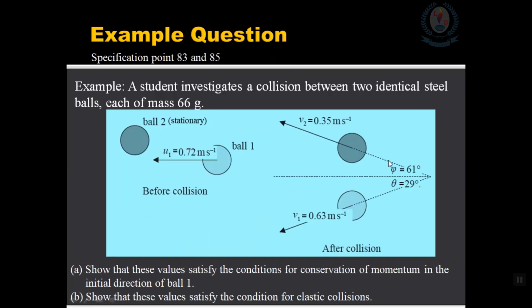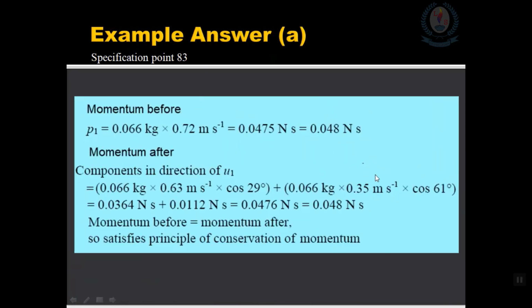You see that I have resolved towards 29, that's why I said cos 29. This one 0.35 cos 61. See, 0.35 cos 61. So we calculated them separately. You can see nicely momentum before equals momentum after, which means that it satisfies the principle of conservation of momentum.